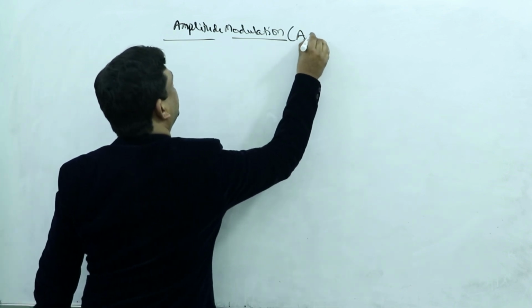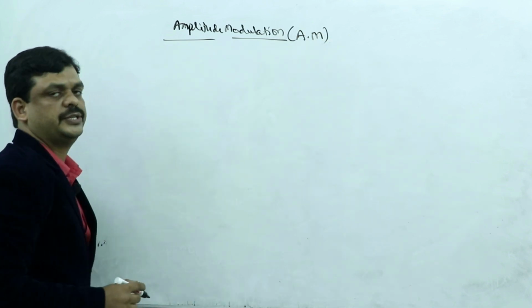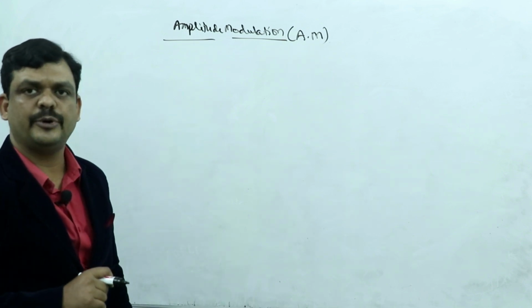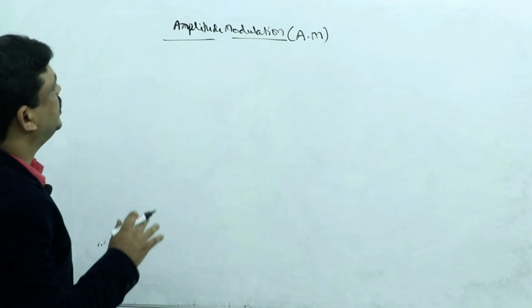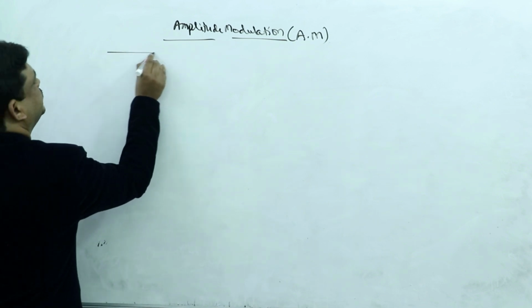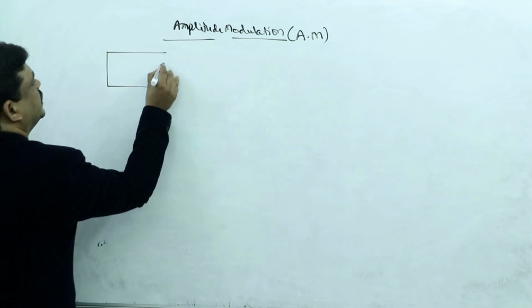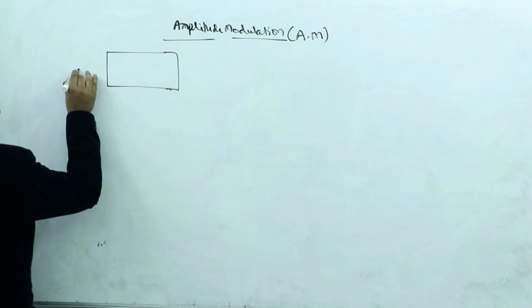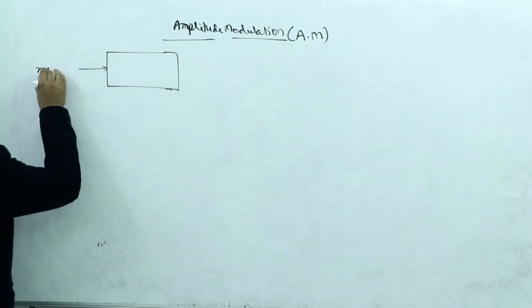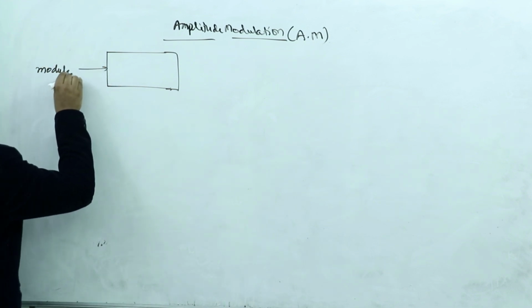The simple name we can write like this, AM, the amplitude modulation process. The basic block diagram of the modulator we have already discussed. The modulator requires one signal, that signal is the modulating signal.